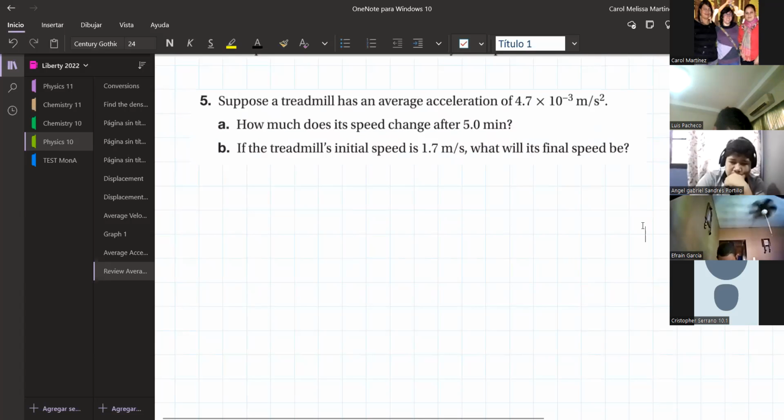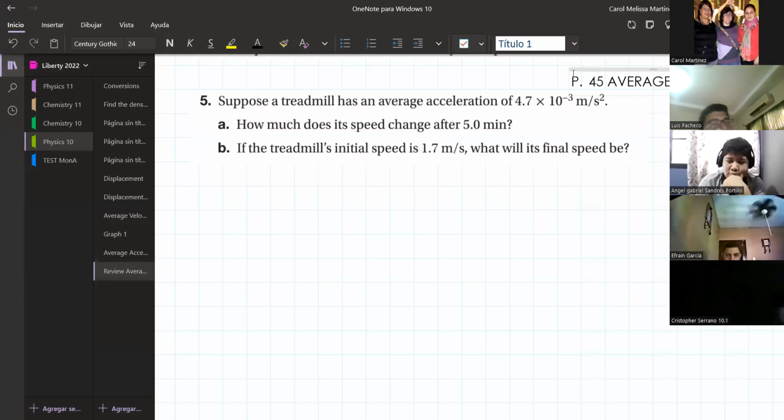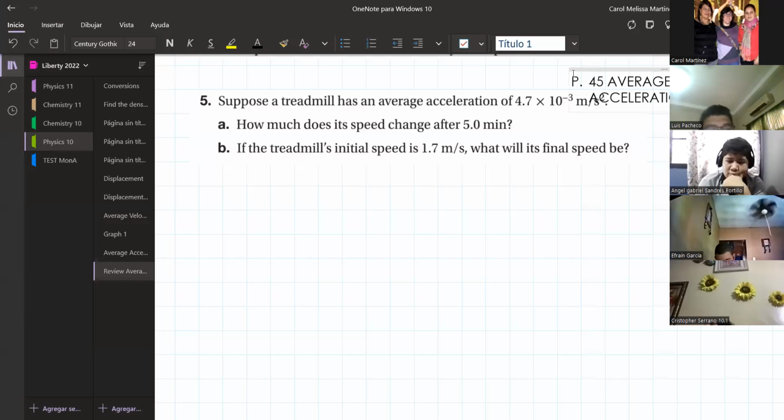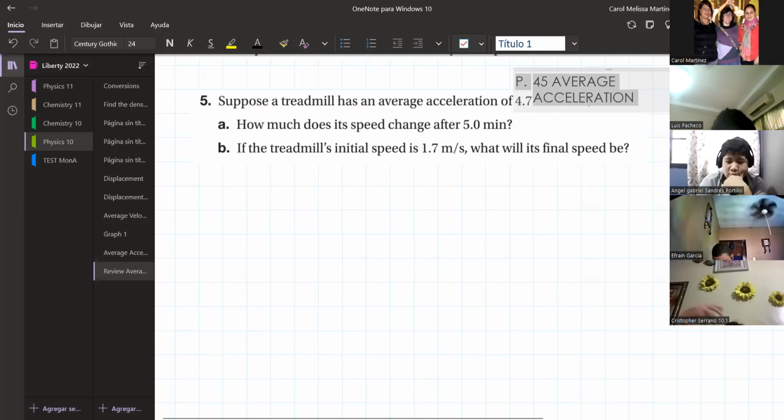Okay, this one is average acceleration. This one is number 5 from the page 45. In page 45, we have average acceleration. As I told you, I cannot do the same exercise.